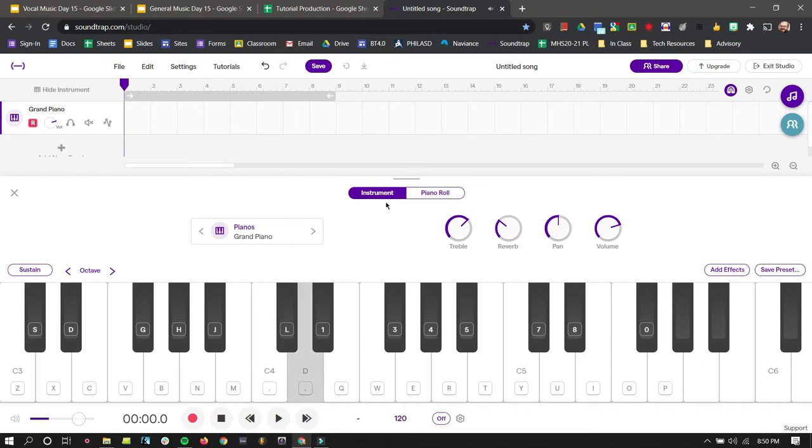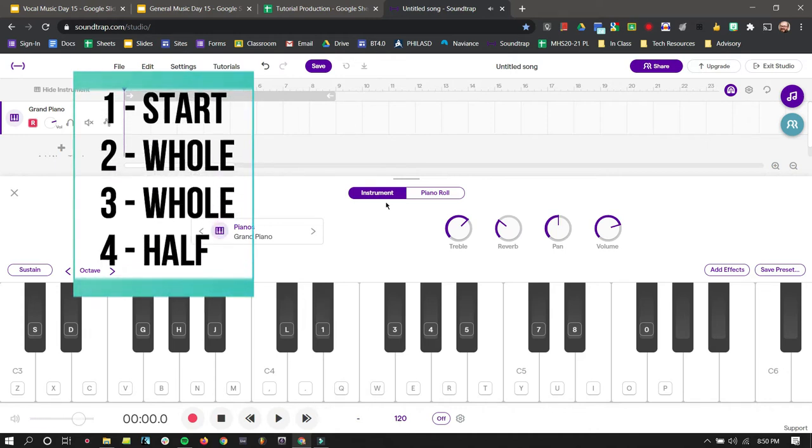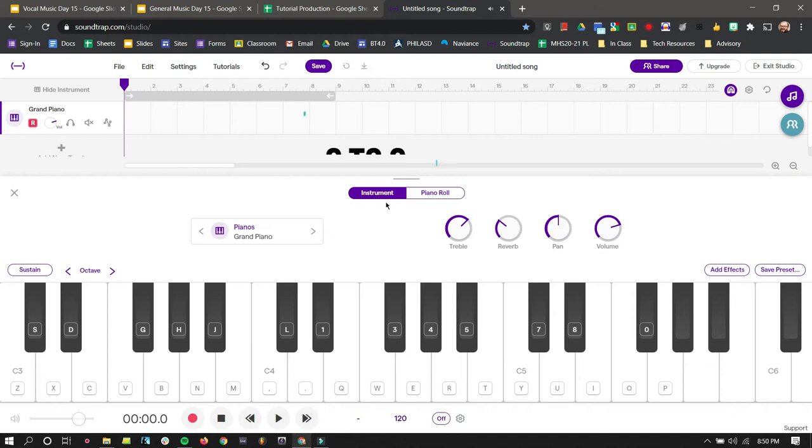We can see that whole step here, whole step. This is our first half step, so that's one of two half steps. Another whole step, another whole step, another whole step. At the top, we have our second half step. What also makes this easier is that it is just going from C to C, all the white keys. That is our major scale.